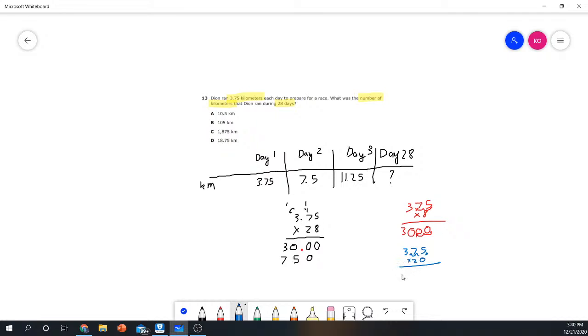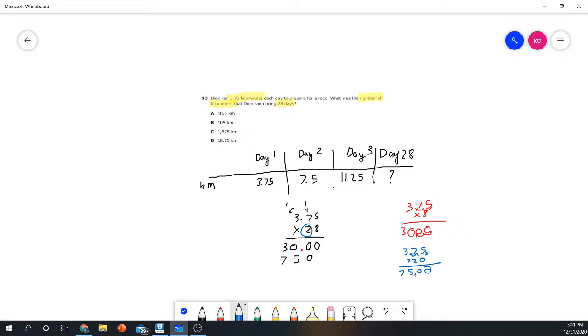And that would get us 7,500. That's one easy mistake one can make: just multiplying 3.75 times 2. But in reality, 2 is in the tens place, so we're multiplying by 20.